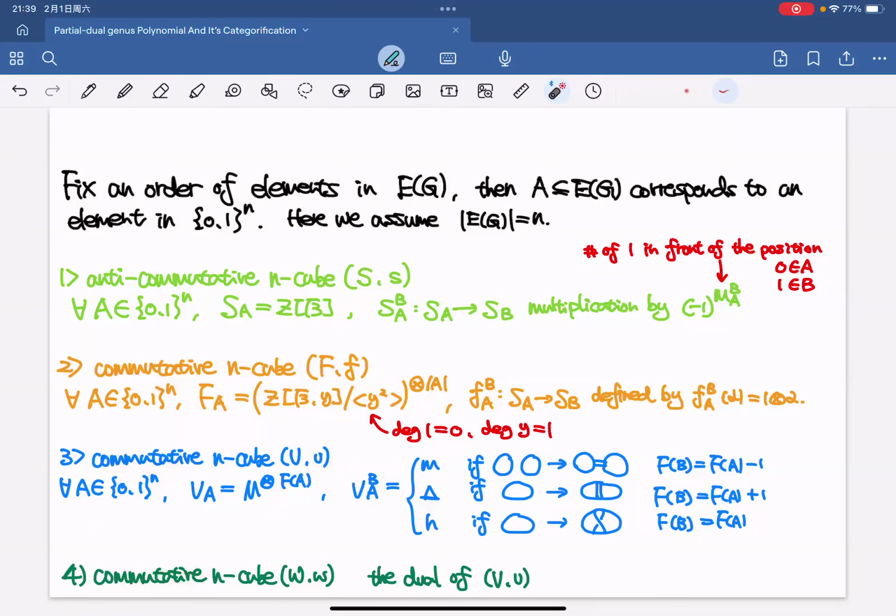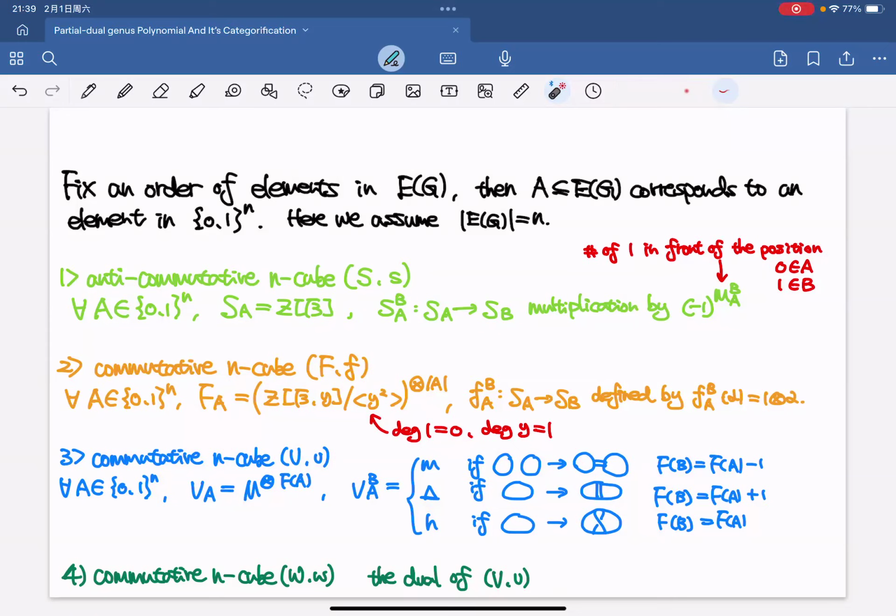So if you take the tensor product of them, you will get an anti-commutative n-cube. And the second n-cube is used to balance the sign, because if we take the graded Euler characteristic, we have some oscillating sum there. So this one is used to balance that sign.